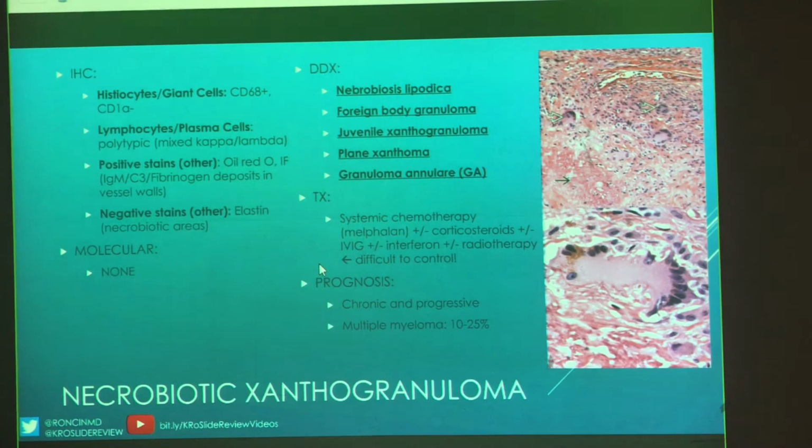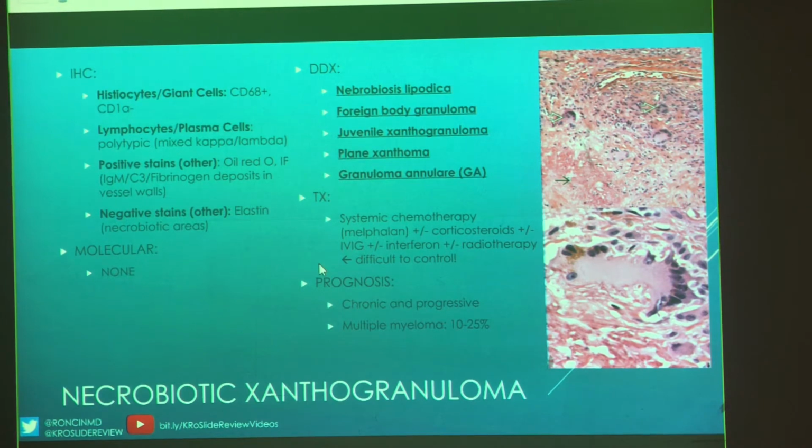Again, the immunohistochemistry is related to what you're seeing. Your histiocytes are positive for CD68 and negative for CD1a. If you have a lot of lymphocytes or plasma cells, which again you may not always have, they're polytypic, so they should be mixed kappa and lambda. Other things you can see: there's a lot of fat, so oil red O could be positive, which is non-IHC, but that is a special stain.